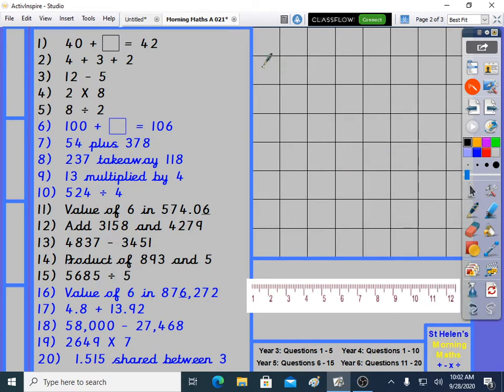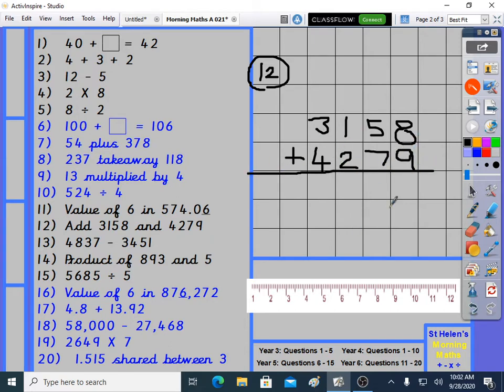Addition. You know how to do this. You could put the biggest number on the top if you want in addition, or you could put the biggest number on the bottom. In this case, I've put the biggest number on the bottom. They're both 4-digit numbers anyway. 8 plus 9 is 17. 5 plus 7 is 12.